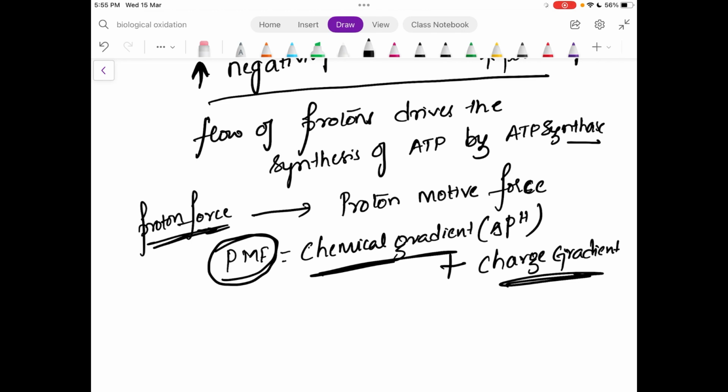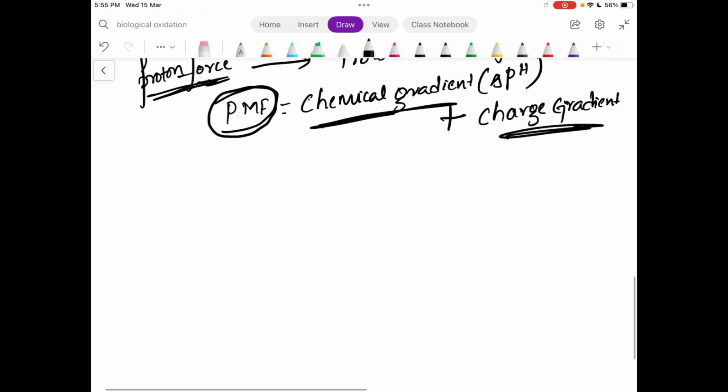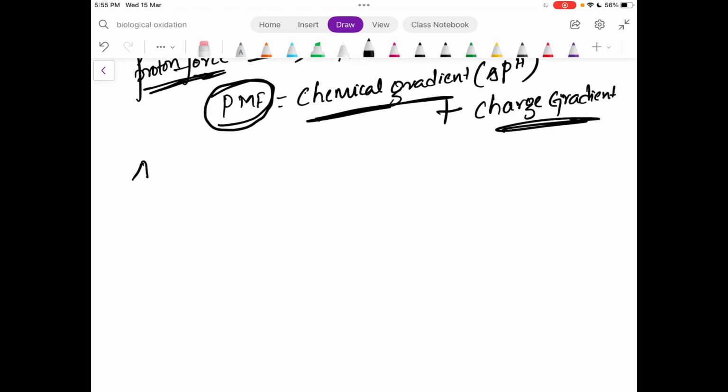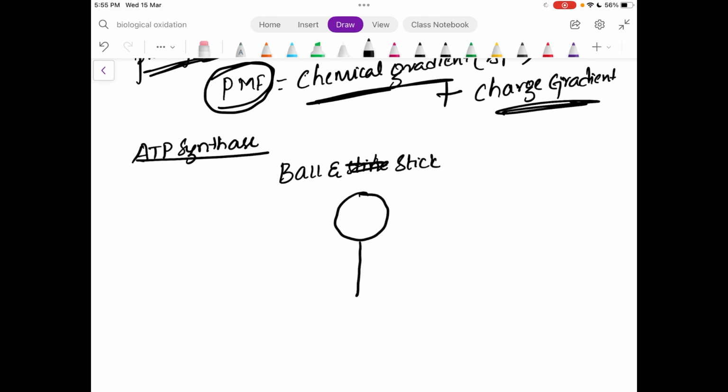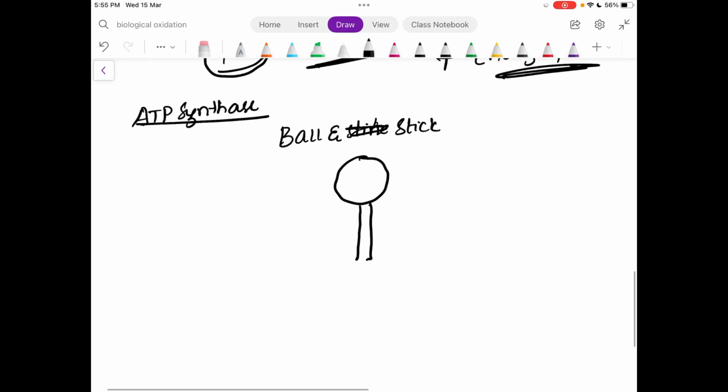Next, we will see the structure of ATP synthase. It resembles a ball and stick. This is a ball and this is a stick. This type of structure is the structure of ATP synthase. The stick part is called F0 and the ball part is called F1.